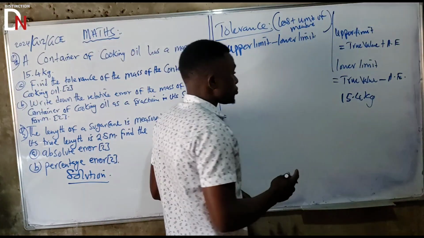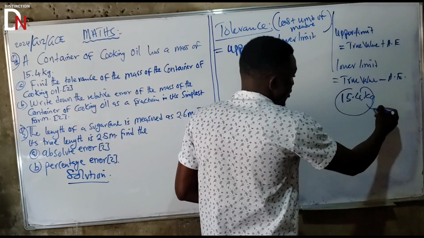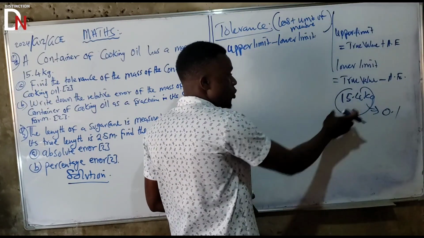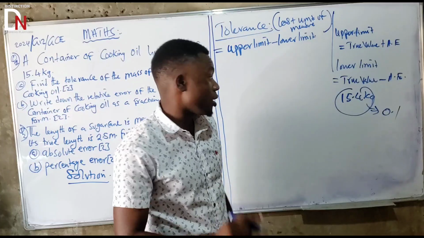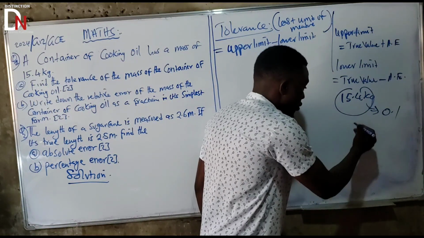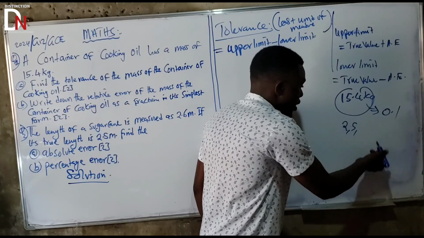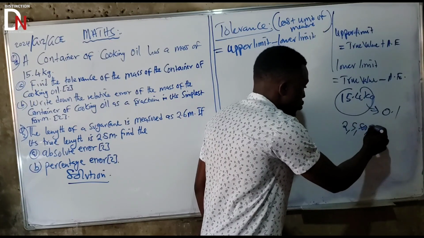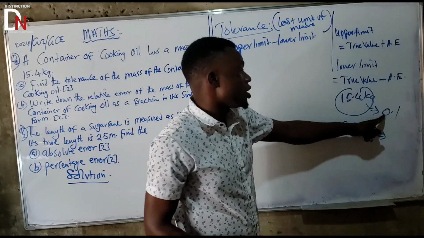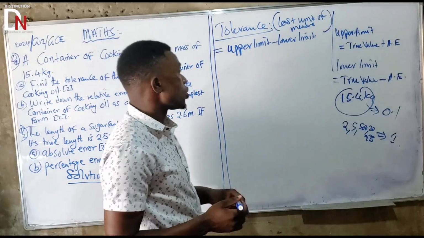So the least unit of measure for such a number is 0.1. But if this number was a raw number, the least unit of measure would have been 1. For example, it can be 500, it can be 200, it can be 275. The least unit of measure is always 1, like that. Okay? Good.